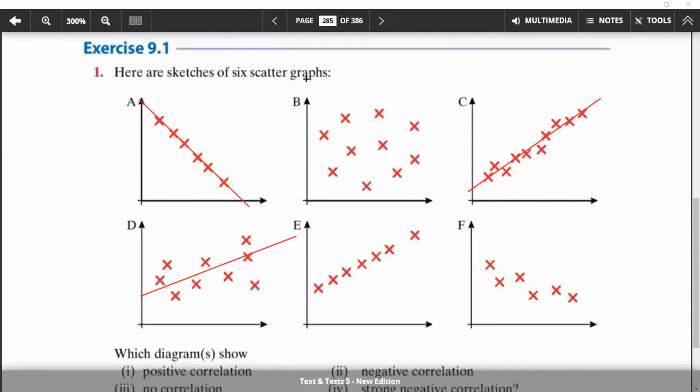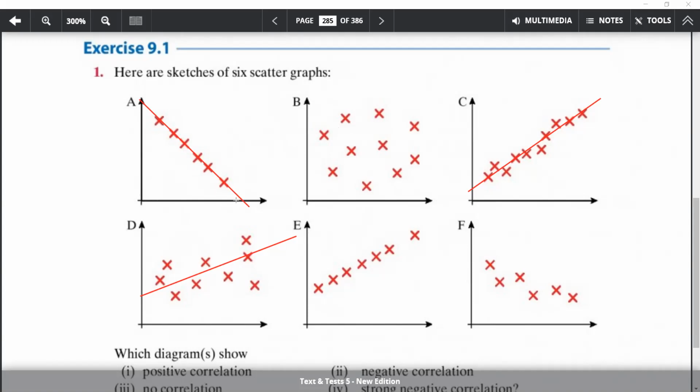Okay, B here, where there's no straight line relationship that you could really discern, that has no correlation at all. Now the other words we'll use to describe it is, well, in this case here, as one quantity goes up along the x-axis, the quantity on the y-axis is going down, it's getting smaller. So this is a negative correlation.